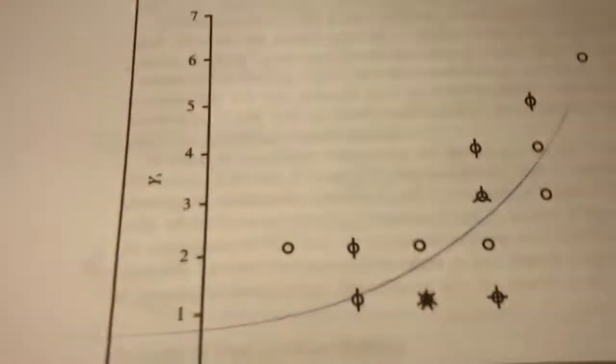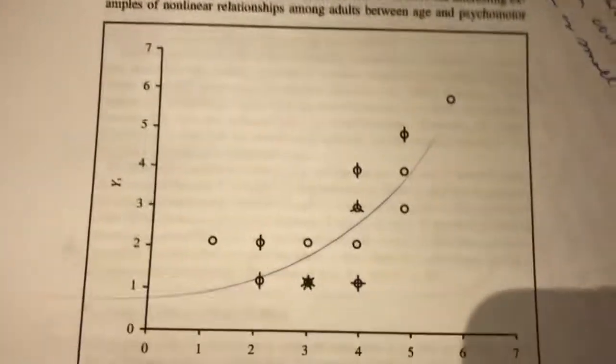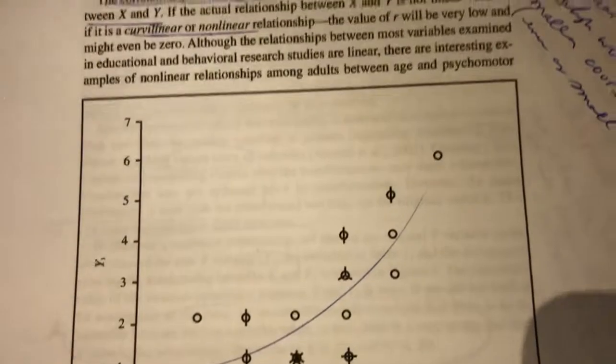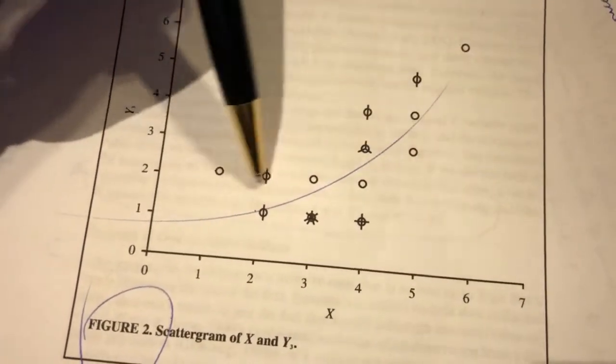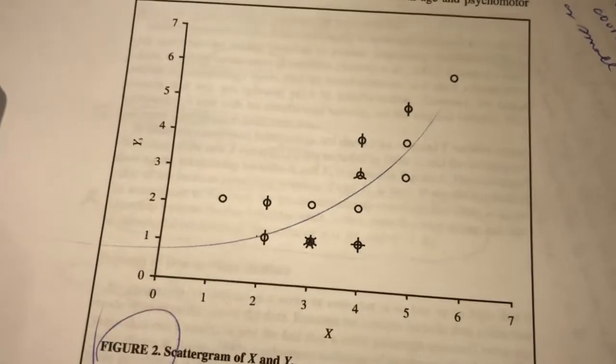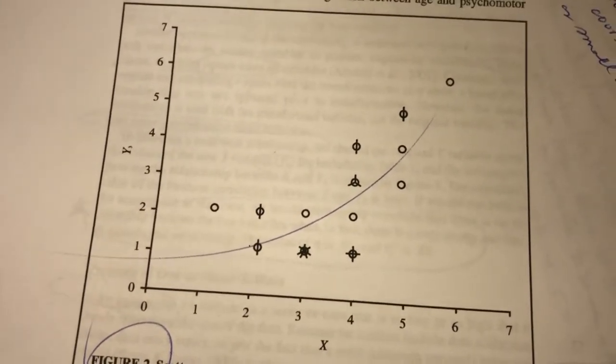So I'd have to do a scattergram. So anyway, I'll refer you back to the chart here, to the actual printout, and you can see I drew in somewhat of a curvy line. This represents x and y4.